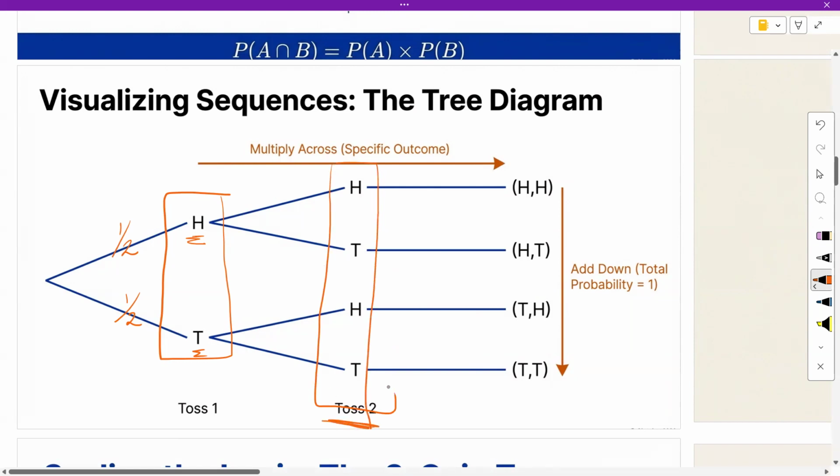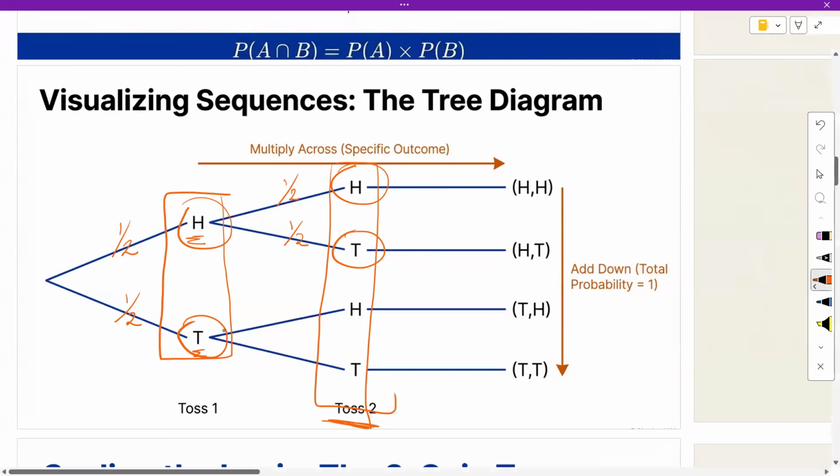Once you get head in the first toss, in the second toss you may get head or tail, each with probability 1 over 2. Or in the first toss you may get tail. The first toss does not impact the next toss, because it's an independent event.